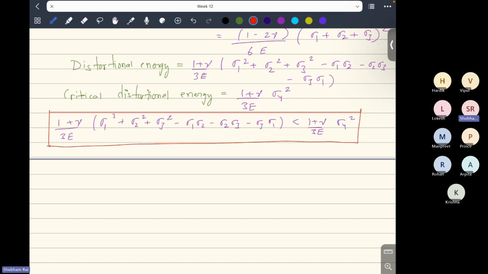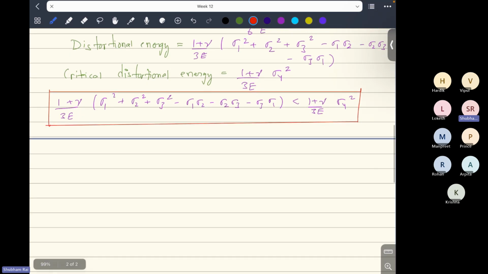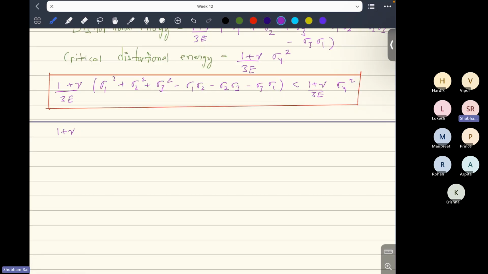So that's it, I think. Now I'm just simplifying. I think the 3 will get cancelled, and the (1 plus nu) by 3E, this whole thing will get cancelled.